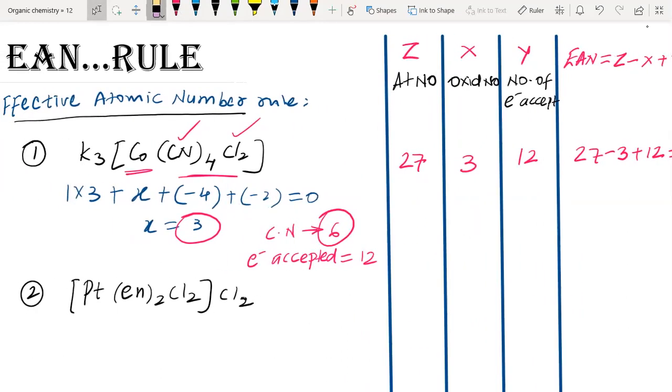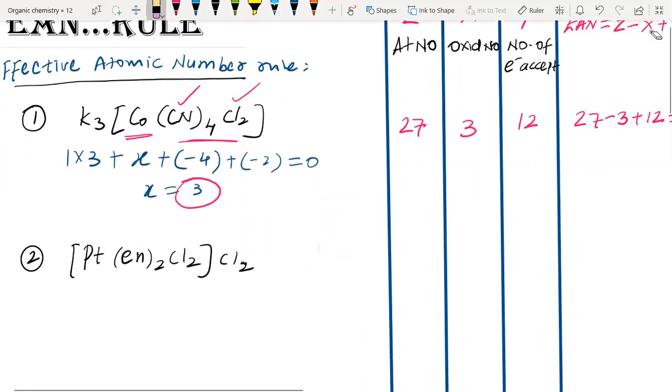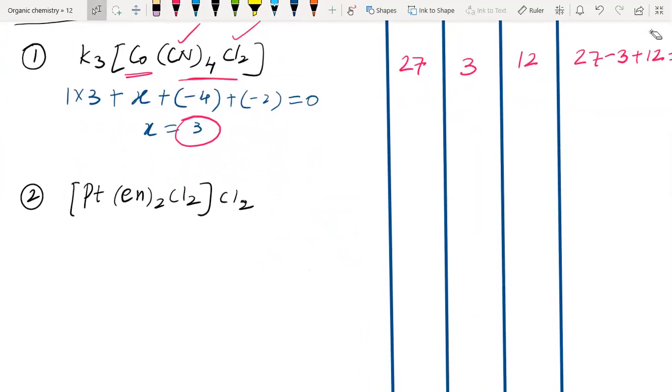Similarly, we'll try to calculate the EAN of the second complex here, which is dichlorobis(ethylenediamine)platinum(IV) chloride.